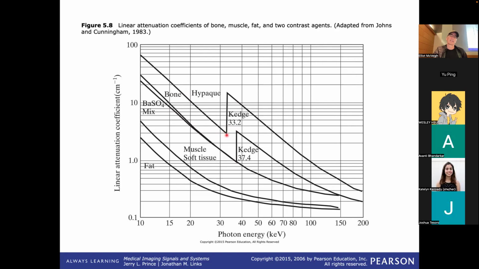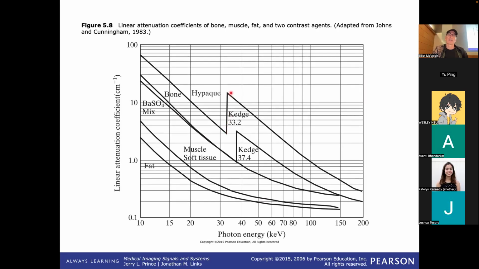And what this means is the photons, once they're above that energy, they have enough energy to knock out a K-shell electron. They need that much energy to get that job done. If they don't have that much energy, that will never happen. And so once you get above that energy, you can start knocking K-shell electrons out.